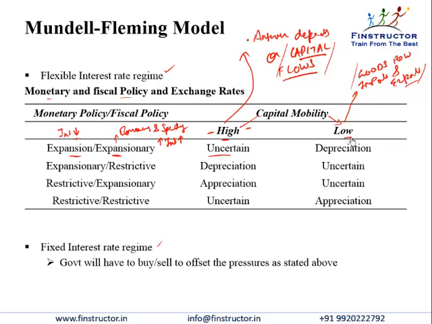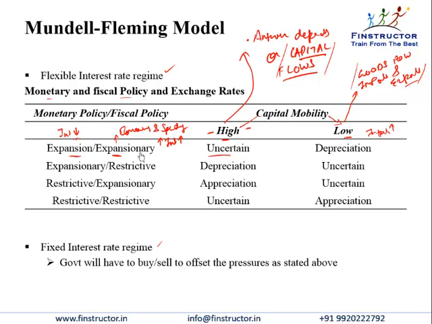In low capital mobility, the focus does not have to be on interest rates. The focus will be on goods and services. Low interest rates also mean that people will be borrowing and spending, or our imports will go up.